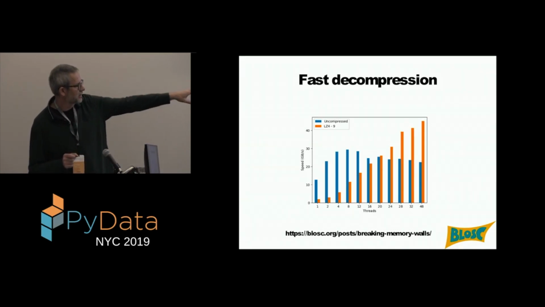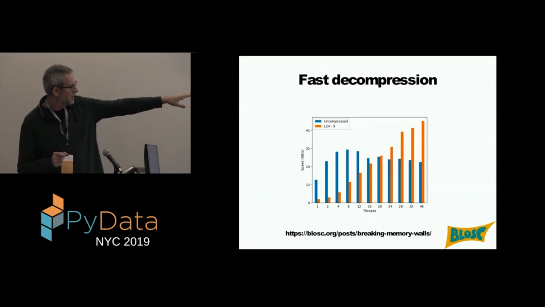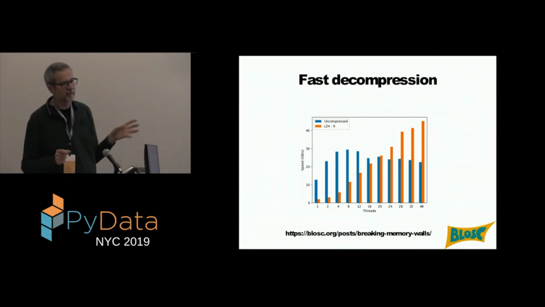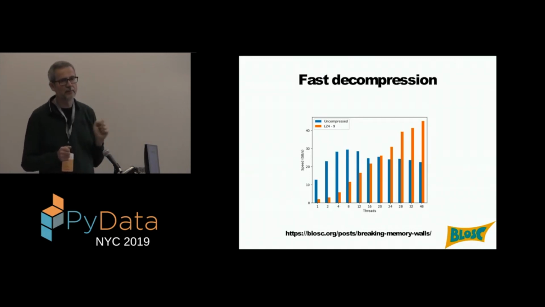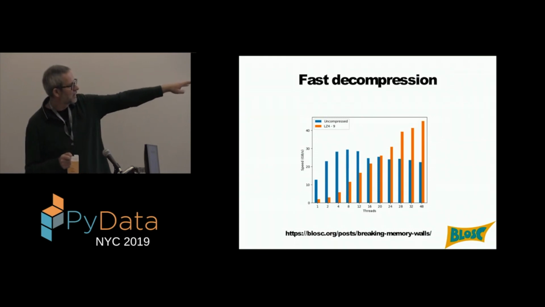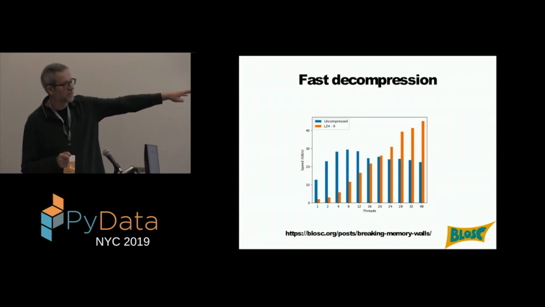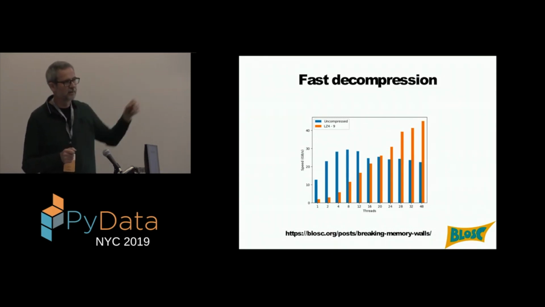However, when we use compression via Blosc, we can see that compression initially slows down the computation, which makes sense because the data needs to be decompressed and compressed again. But when you throw a good number of threads at it, eventually the throughput of using compressed data wins over the throughput of uncompressed data.